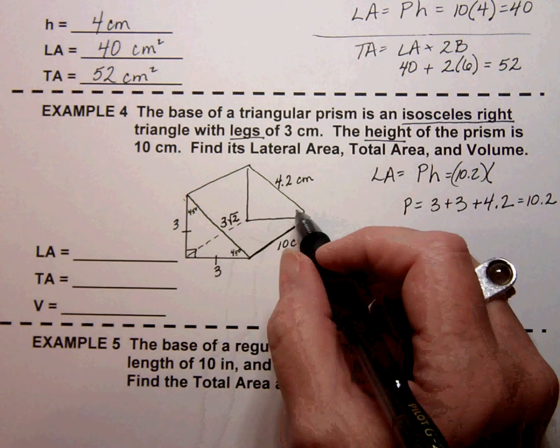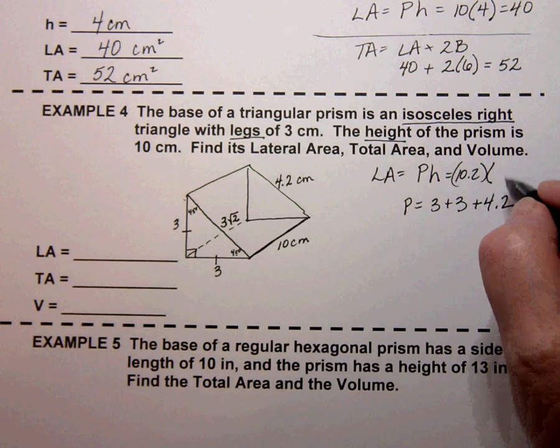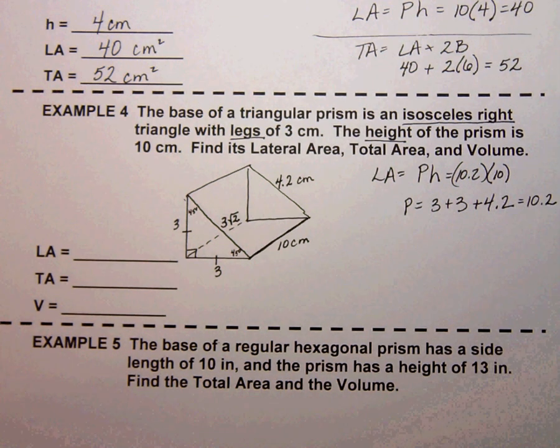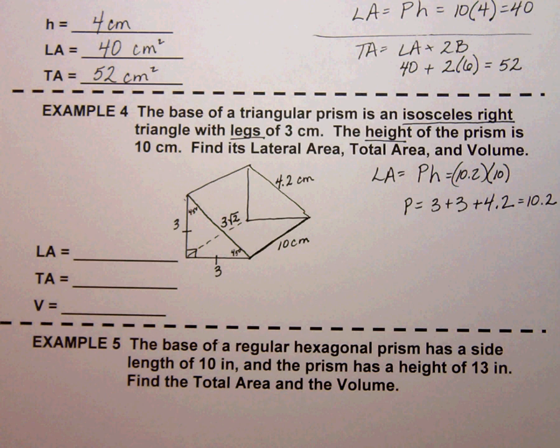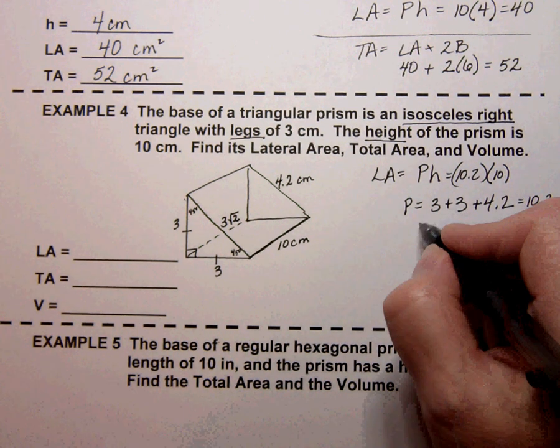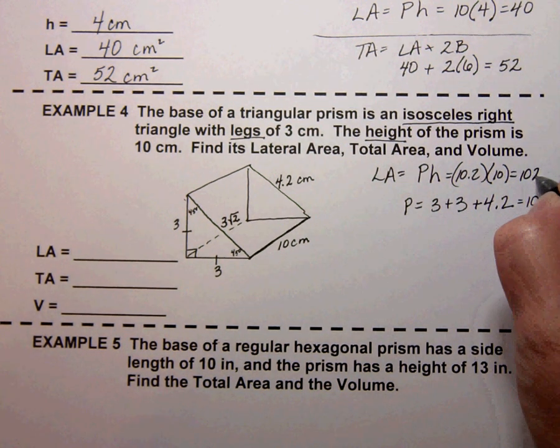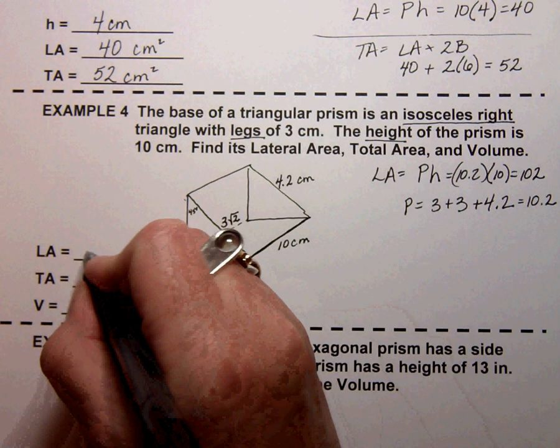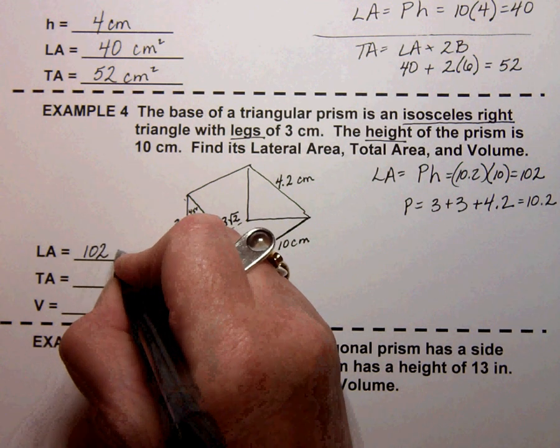From base to base is always your height. So 10 times 10.2 is 102. So your lateral area is 102 square centimeters.